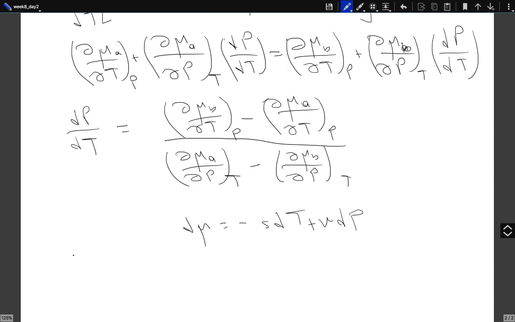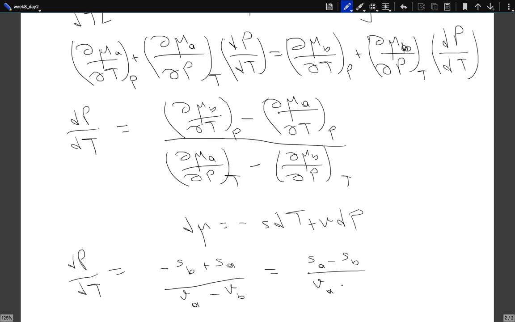Well, you see, dP/dT is then the derivative of the chemical potential with respect to temperature at constant pressure, which is nothing but minus the entropy per particle, so minus S_B plus S_A, divided by, well, the derivative of the chemical potential with respect to pressure is nothing but the volume per particle, so V_A minus V_B. So S_A minus S_B divided by V_A minus V_B.